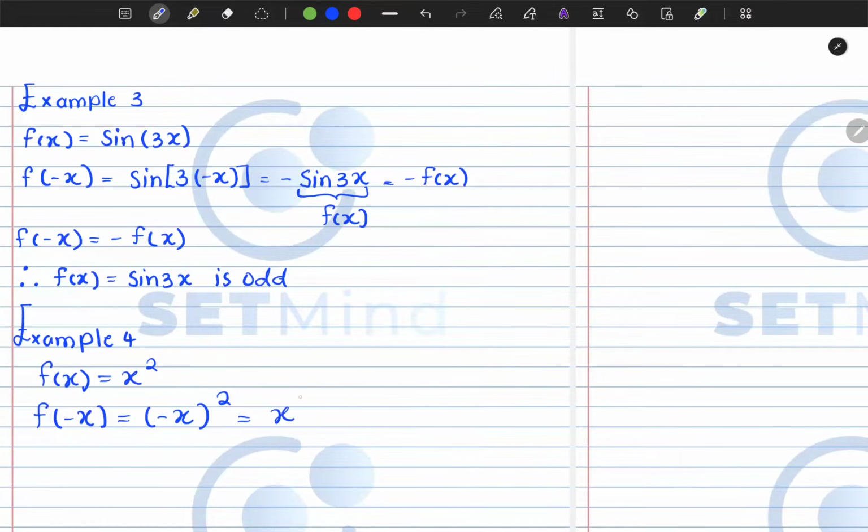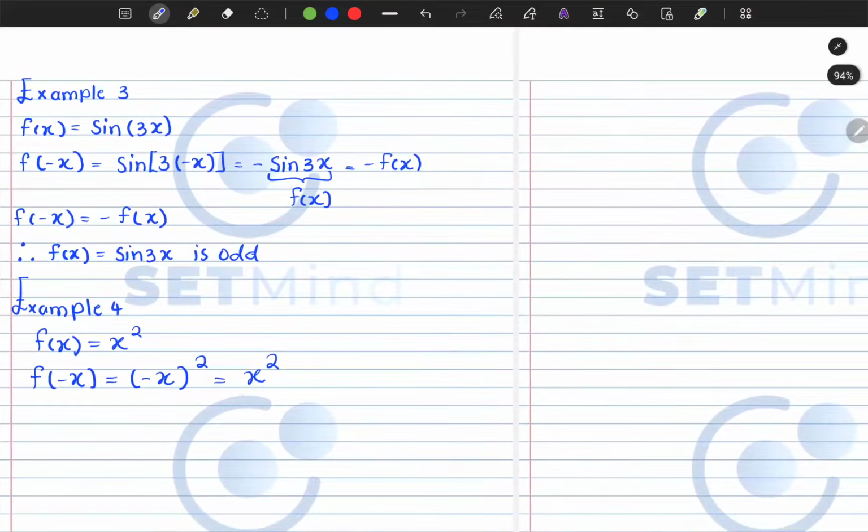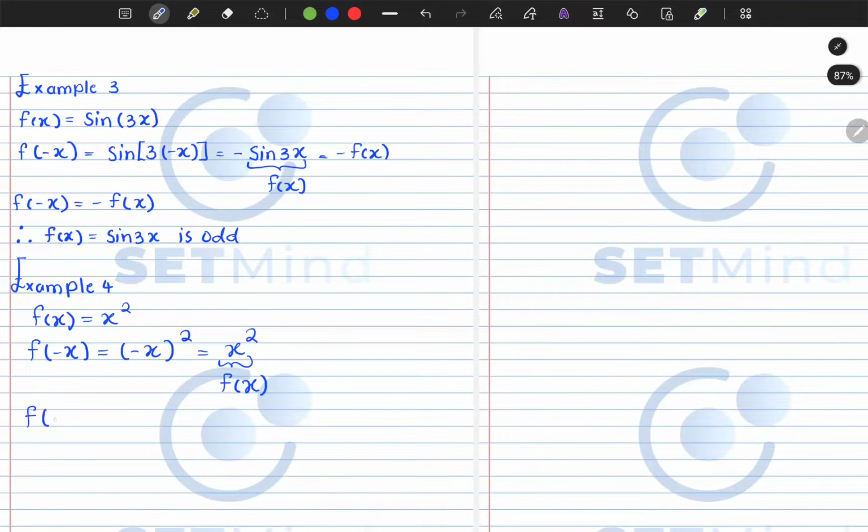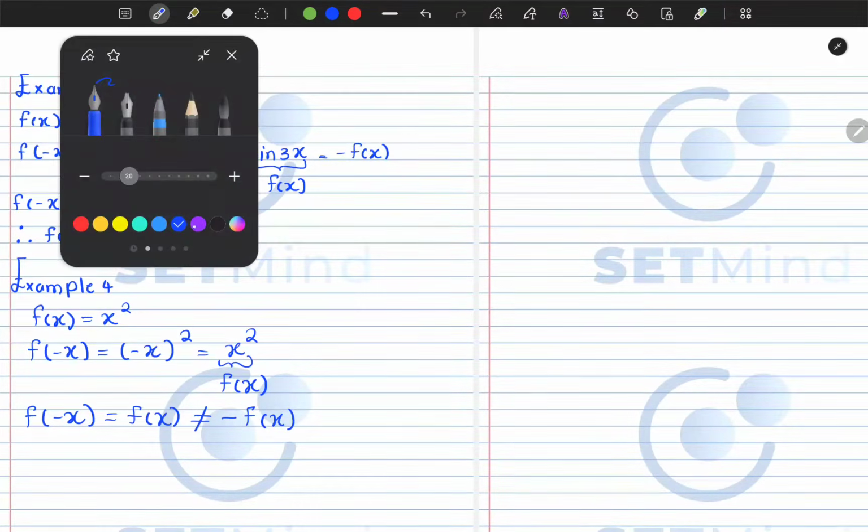And when we square this, we get x squared. And x squared, we remember, is the same as f of x. So what we see is that our f of minus x is equal to f of x and not negative f of x, which is what we expect when we are dealing with odd functions.